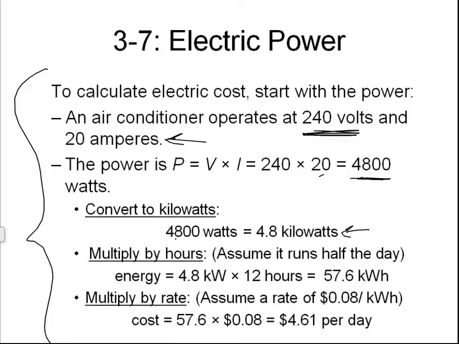If it's running half the day, that's 4.8 kilowatts times 12 hours, or 57.6 kilowatt hours, at a rate of 8 cents per kilowatt hour. I wish, because I'm paying 15. So 57.6 kilowatt hours times 8 cents, or $4.61 a day we're paying for that air conditioner. And wouldn't that be nice if that was true?